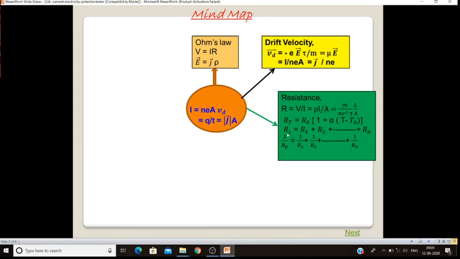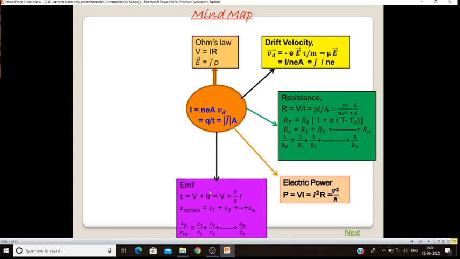Then we studied series combination and parallel combination. Next we studied electric power, that is P equal to VI or equal to I square R, and this is equal to V square by R.